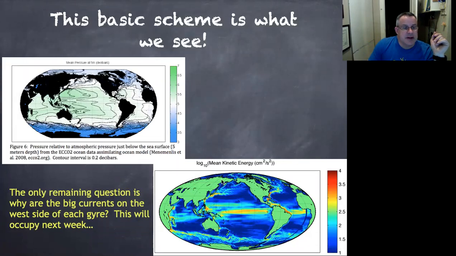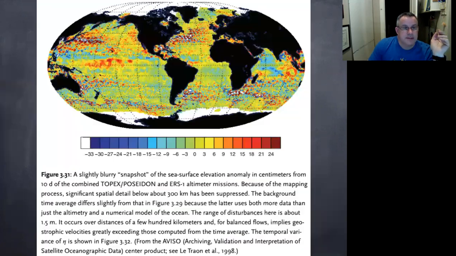We're going to talk a lot about these two figures, which are similar. This is one that I made for a paper a long time ago, and then this is the velocity. These two are from a model estimate, so we'll have a sense of how that works as well. If you were to take an altimeter and actually look at the surface of the ocean, you wouldn't see those beautiful gyres. You would just see little wiggly eddies migrating around, because the variability in sea surface height totally dominates the mean.